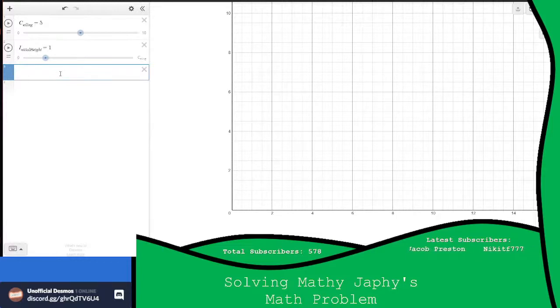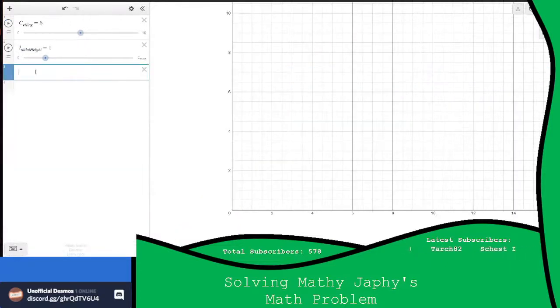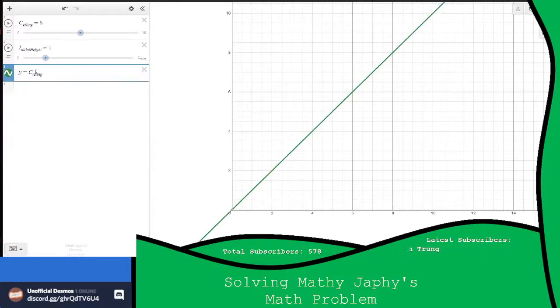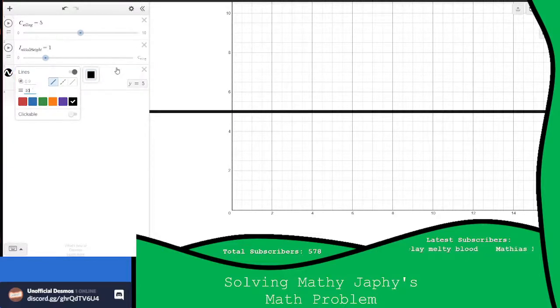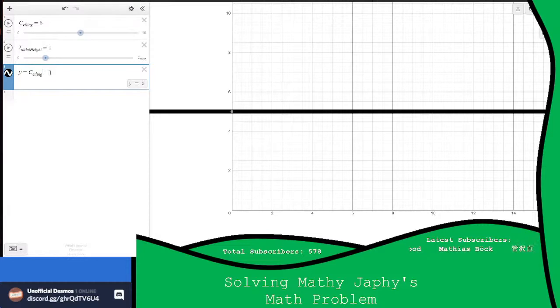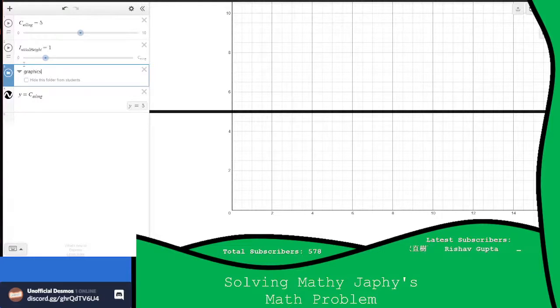We suffer. Anyway, okay, so then we can create the line. Oh, it's no longer called ceiling. I cannot spell ceiling. Let's make that black and 10. Here, I'm just going to create a folder called graphics and throw that in there.